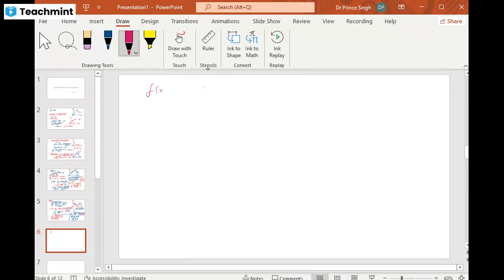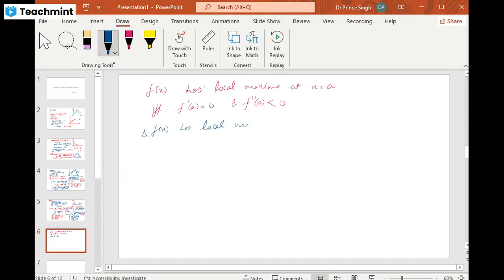That f of x has a local maxima at the point x equal to a if f dash a is equal to 0 and f double dash a is less than 0, and f of x has a local minima at a point x equal to b if f dash b is equal to 0 and f double dash b is greater than 0.